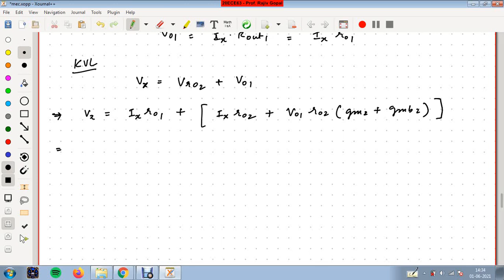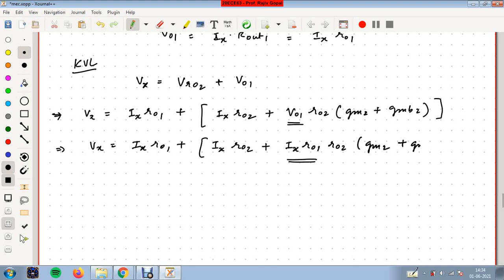So simplify this. From this I have to find out what is Vx by Ix. Okay, I have V01 here, which I will change to Ix R01, into R02 into GM2 plus GMB2.